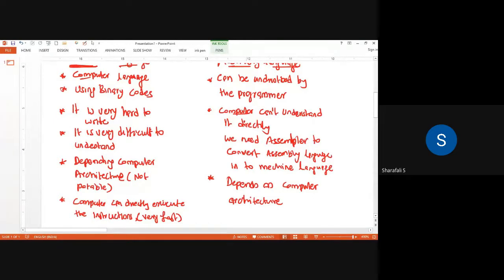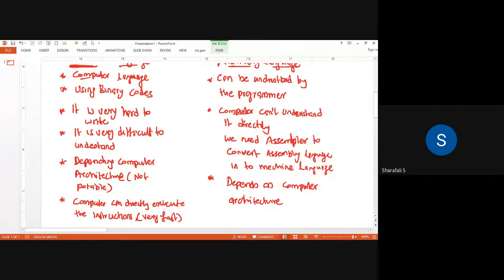Architecture means how the CPU, the microprocessor inside your system, communicates with its components: the ALU, arithmetic and logic unit, control signals, memory, and all those things. Together, that is the architecture of your computer. If that architecture changes, then we need some other program.